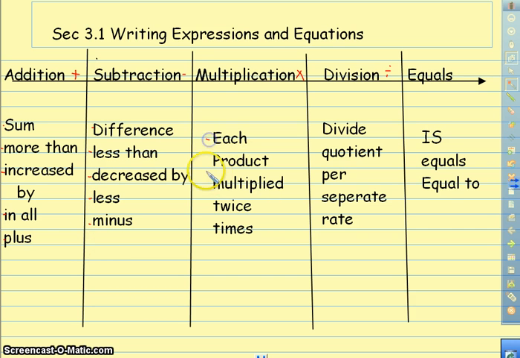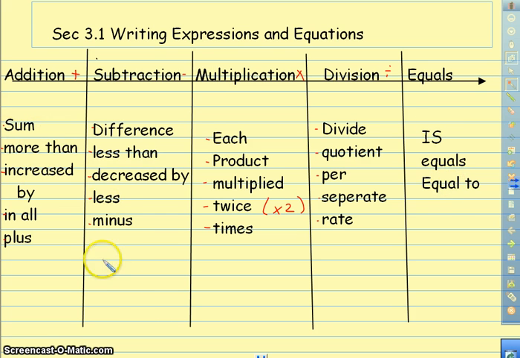Multiplication, we have each, product, multiplied, twice, which means I would multiply it by 2, and times. Division, I have divide, quotient, per, separate, and rate. And for equals, we're using the words is, equals, and equal to.